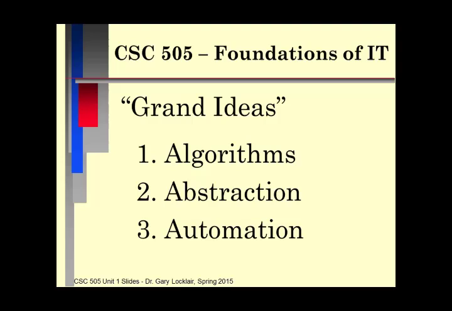Now, for example, in any word processor, there are a number of algorithms. Every feature and function, every command sequence, every menu item, that's a feature or function, and that's supported by an algorithm. When you issue the command to spell check, there's an algorithm that does that.